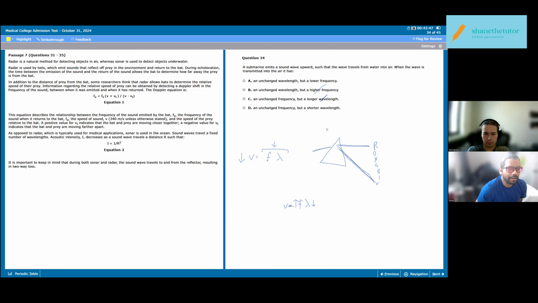Now if we just use our knowledge that frequency is not something that changes as we go from one medium to the next, and that wavelength is a thing that changes, it should be D then.